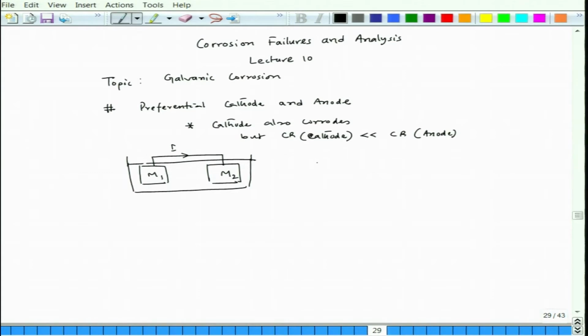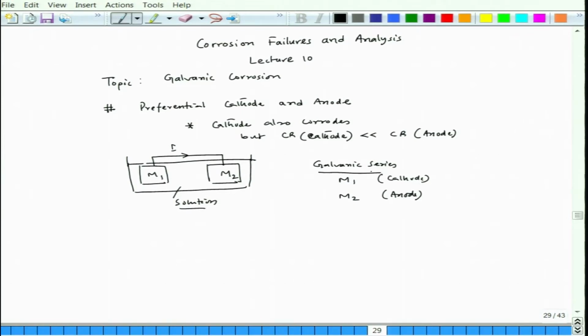So, then in the series metal 1 will sit on top of metal 2, and this will be cathode and this will be anode in that particular solution. So, this is specific to that solution also.